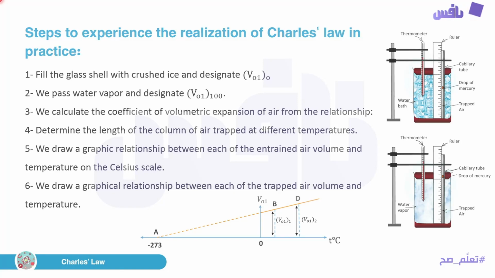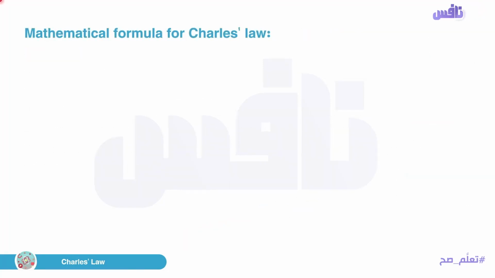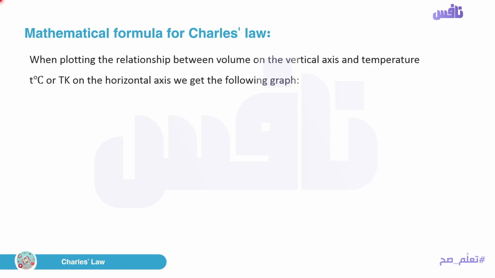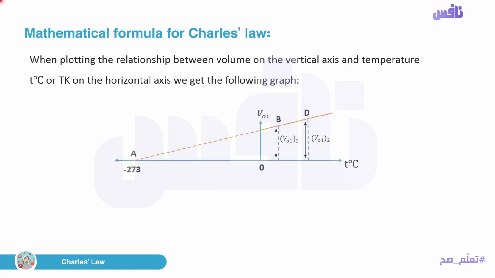And now, the mathematical formula for Charles' law. When plotting the relationship between volume on the vertical axis and temperature on the horizontal axis, we get the following graph. T is on the x-axis and V is on the y-axis.